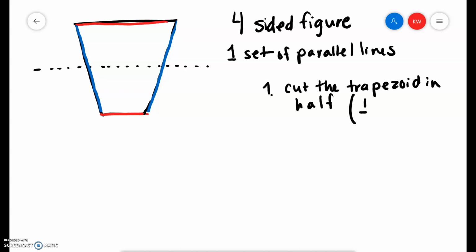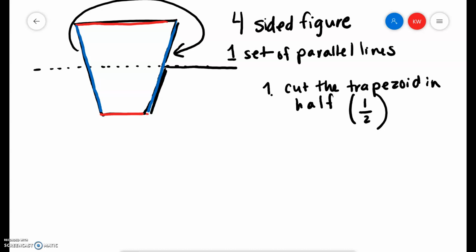I can also represent that with 1/2. Cutting it in half, I now have two trapezoids. What I know about slope is that this slope right here, the angle, is the same. And so I'm going to flip this top trapezoid and put it beside this trapezoid.